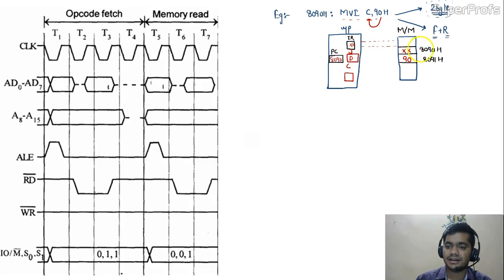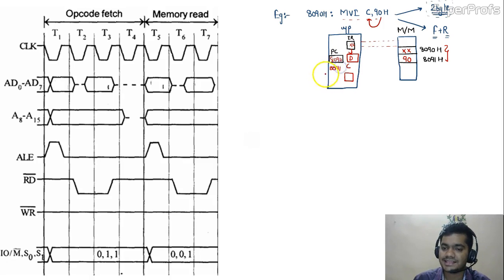With the length of the instruction, the microprocessor understands that this data belongs to this instruction only, and with the machine cycles, it understands what operations are going to be performed by this instruction.